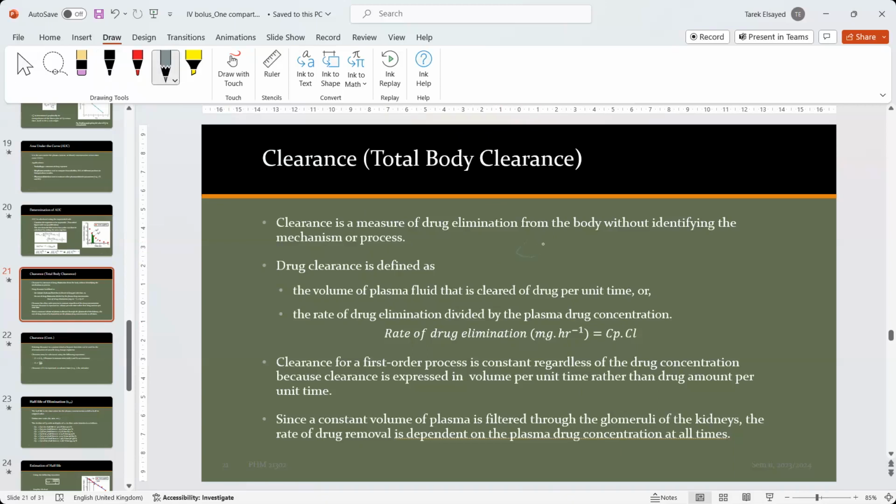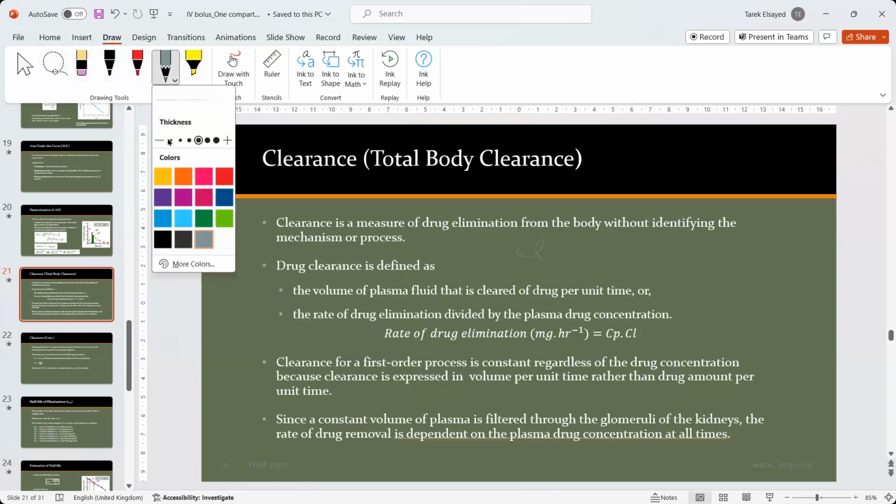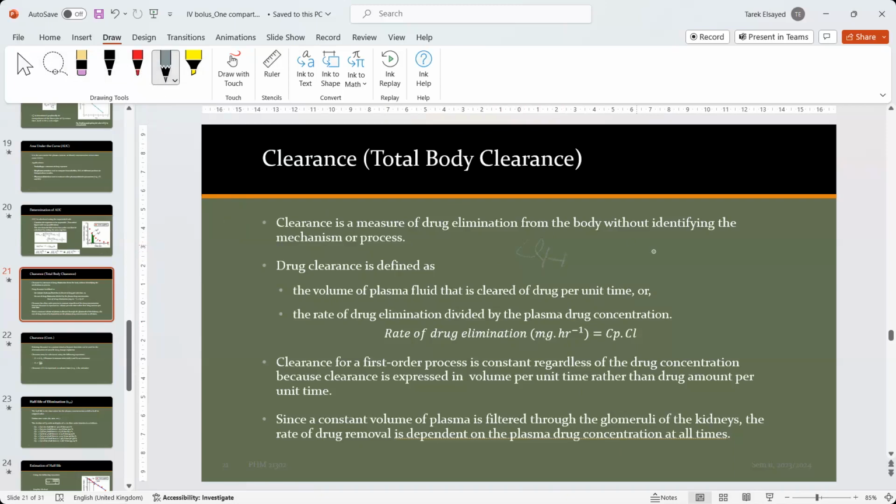We call it CLH. There is renal clearance. We call it CLR, for example, renal clearance. Okay, and there is total clearance, CLT, total clearance.